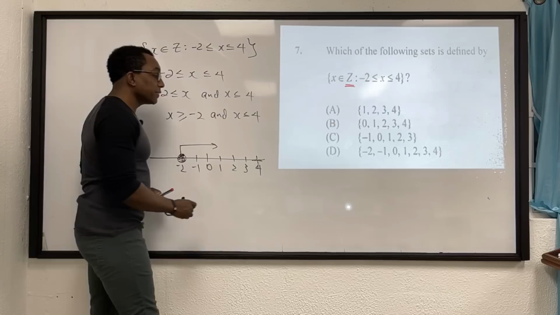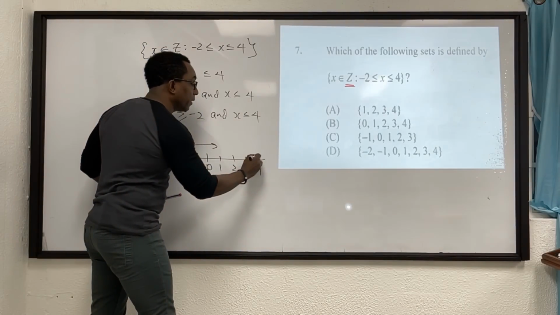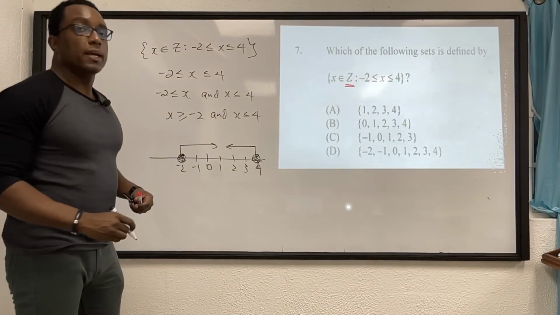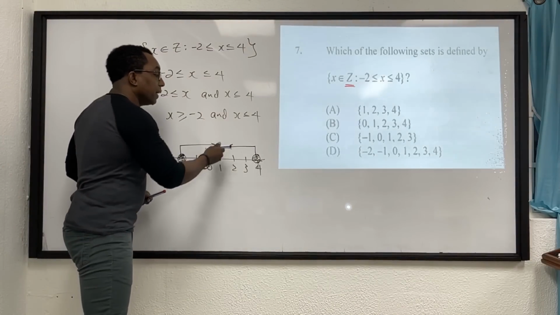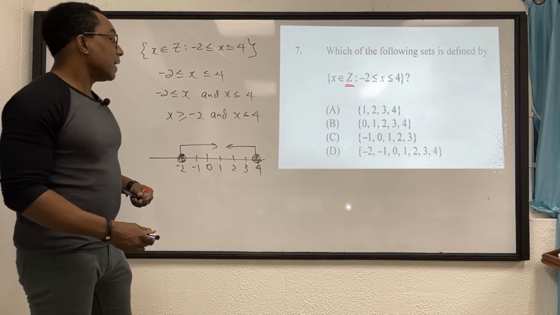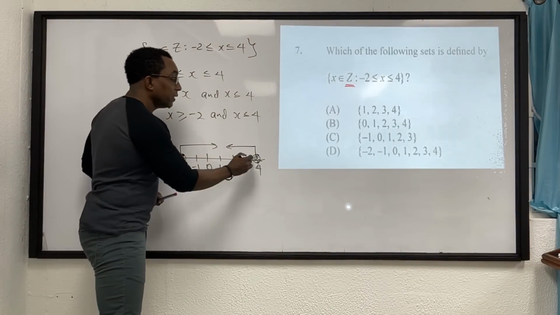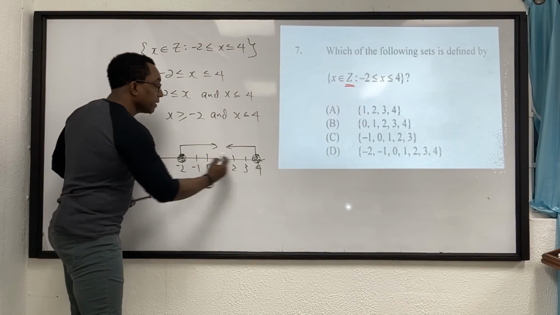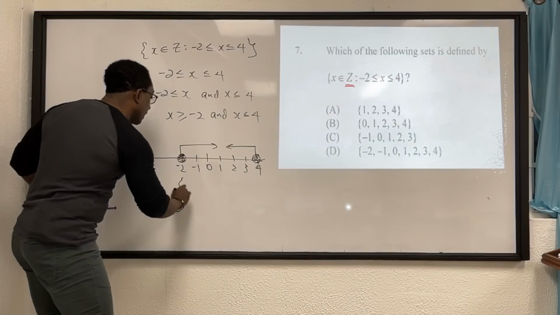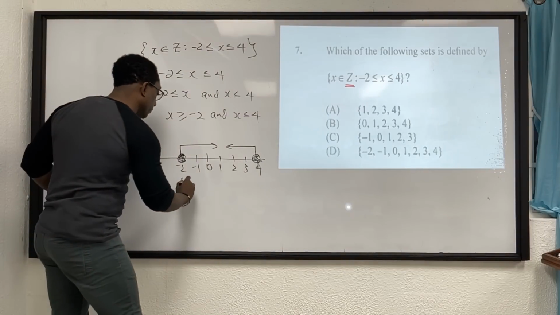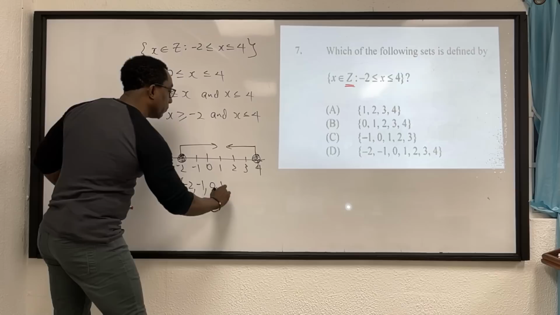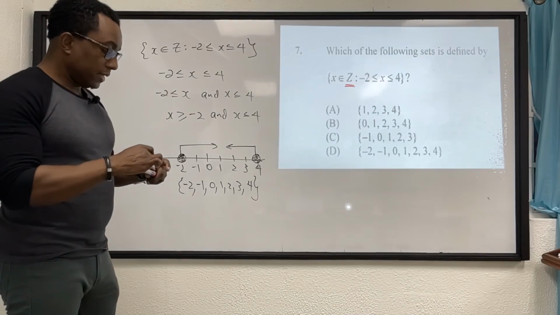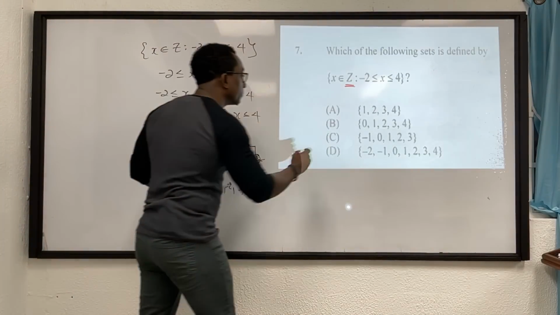And we have x less than or equal to 4, so I indicate 4 is shaded, and I'm going to point my arrow to the left, which indicates all numbers that are less than or equal to 4. So all numbers that lie within the range, you must include -2, -1, 0, 1, 2, 3, and you must include 4. Whose answer there is D.